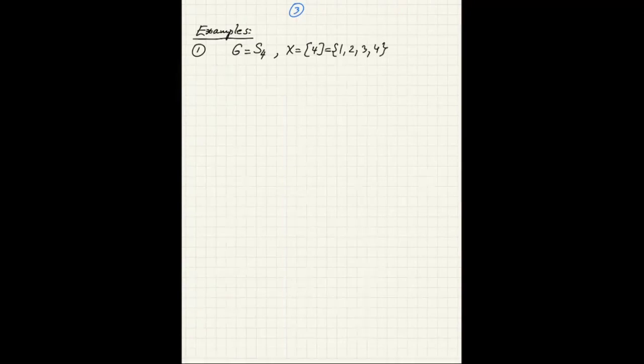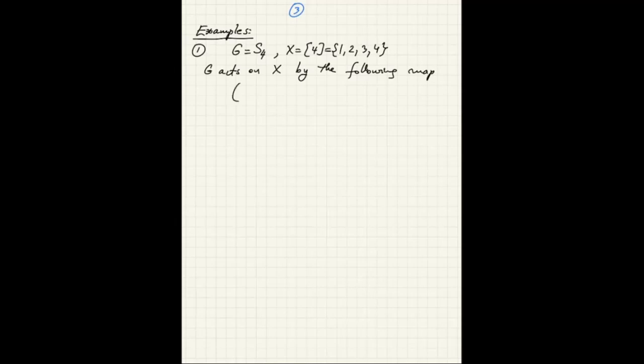So there is an action of G on X by the following map.